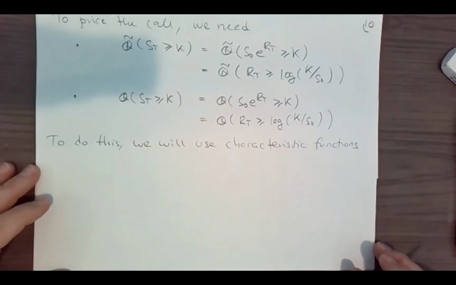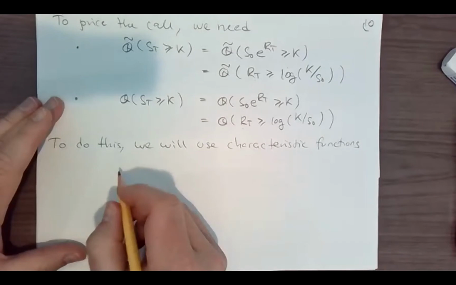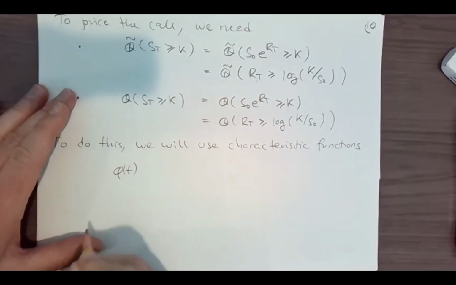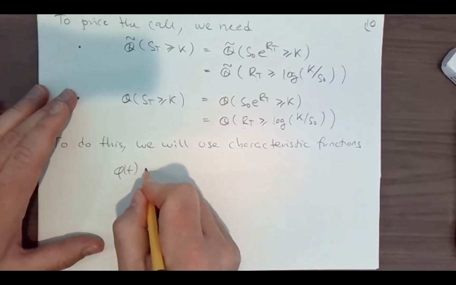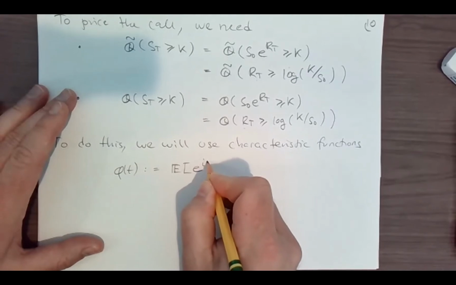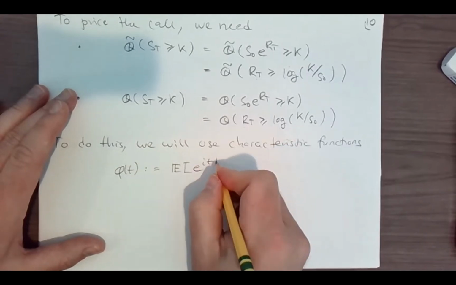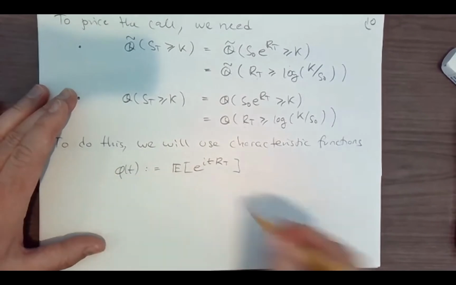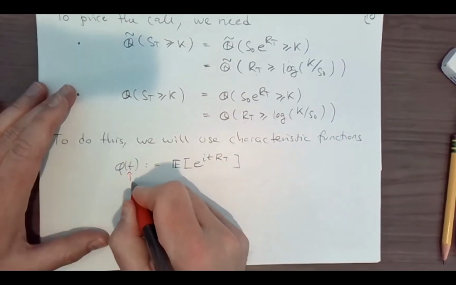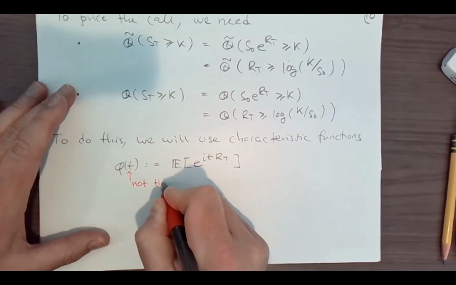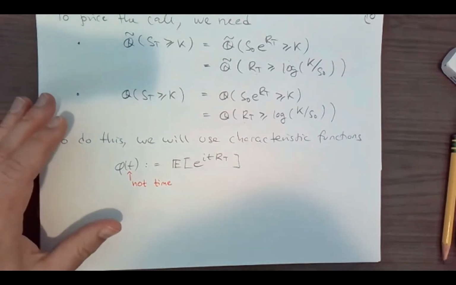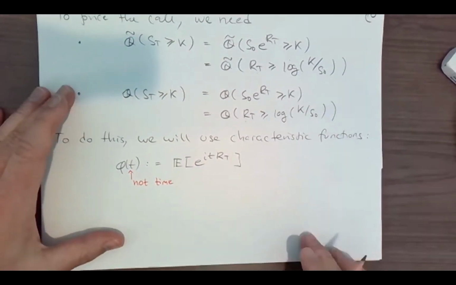But we know that the characteristic function, this is my phi of t. This is e to the i t R_T. So be careful here. This is a typical place where mistakes are made. This one here, this is not time. This is my characteristic function.